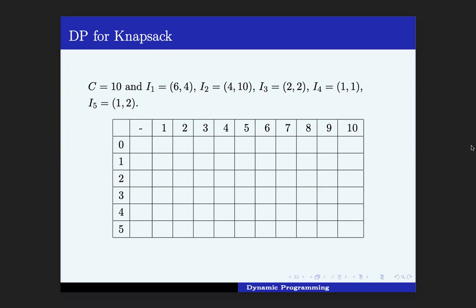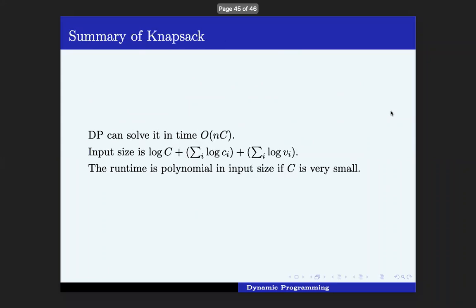If we don't have the indices from before, we cannot really say anything. Unless this C is a very small number, we are not going to do much.